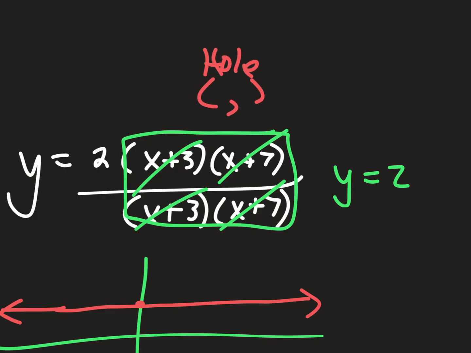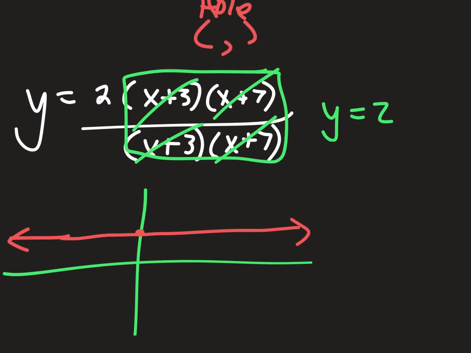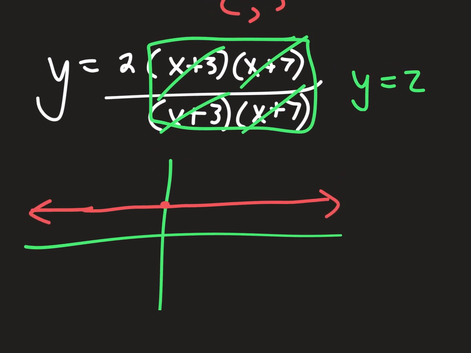You can do that, totally can, but you don't have to, because in this case, it's going to confuse you a little bit. If you just look at this line, and you know there's a hole at -3, go to -3. That's where -3 would be. And you know it has to be on this line, so you can just make an empty spot right there. And another empty spot at -7, which I'm going to say is right there.